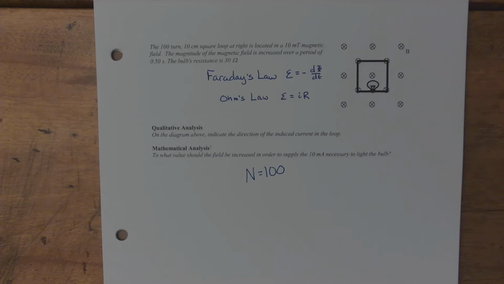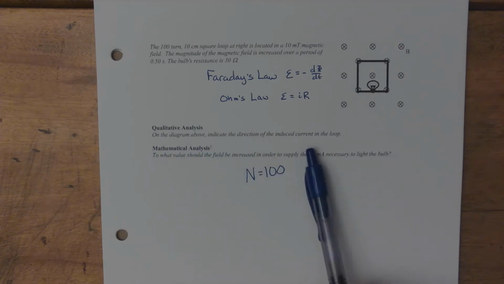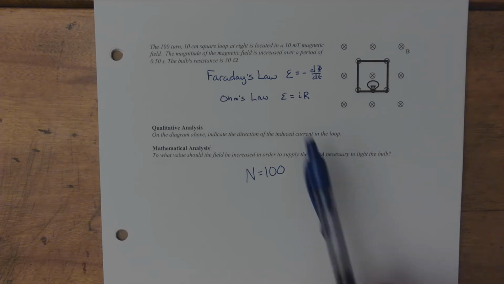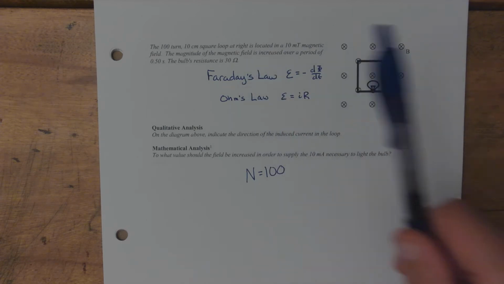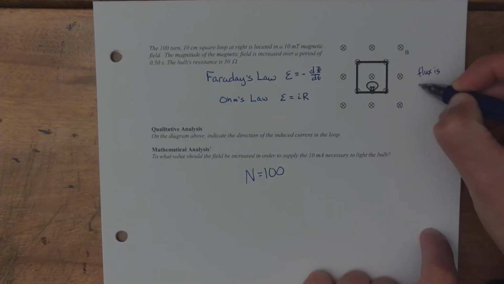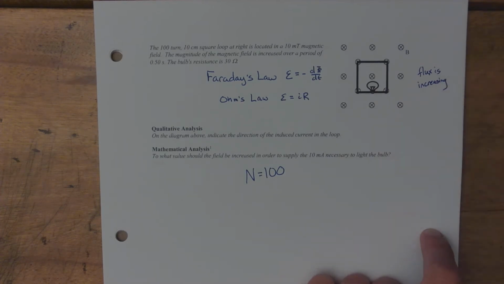So I have both my equations here, but before I use them, I need to, on the diagram above, indicate the direction of the induced current in the loop. What is happening to the magnetic field? The magnetic field is being increased. This means that the flux is increasing.